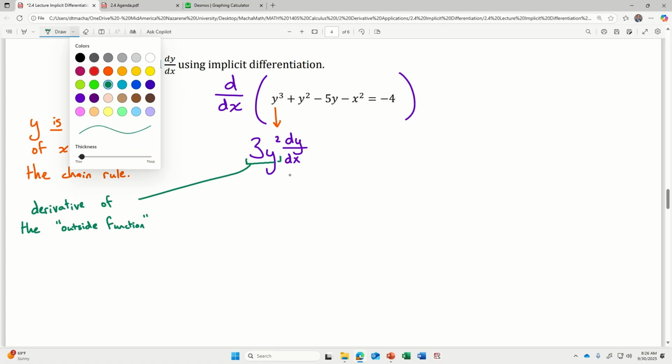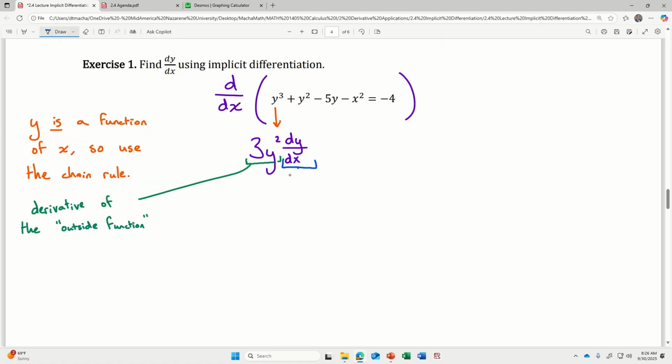And then, like the chain rule says, we have to multiply times the derivative of the inside function, because y is a function of x. dy dx is the derivative of y with respect to x. Okay, so that's that. What about the derivative of y squared?